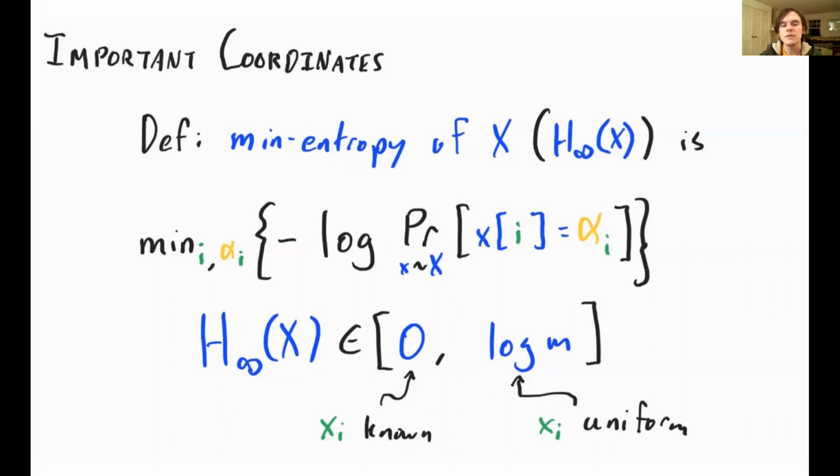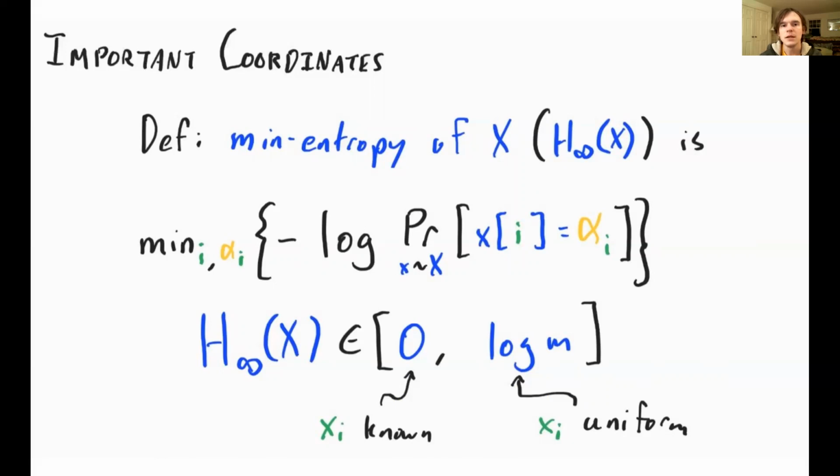Now, entropy, if you haven't seen it before, it roughly says how many bits are still left indeterminate. So in particular, if there's some coordinate I for which we know exactly what the value is in the ith coordinate, in other words, there's some alpha such that x sub I is alpha in the ith coordinate for all x in capital X, then our min entropy is going to be 0.